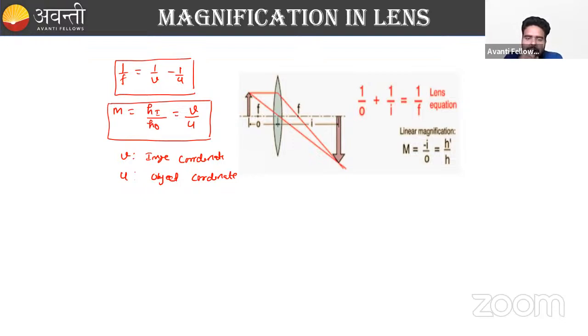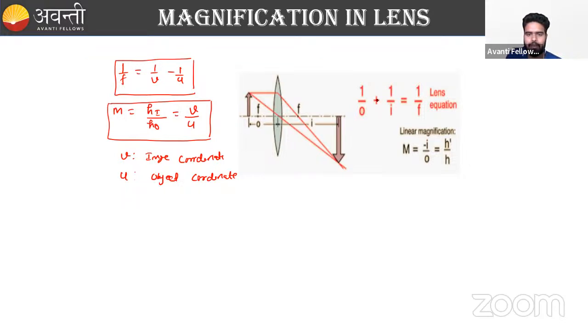Except for this case, the convex lens always forms a real image, similar to the concave mirror. And if we are talking about the concave lens, the concave lens always forms a virtual image. We have to keep this in mind.